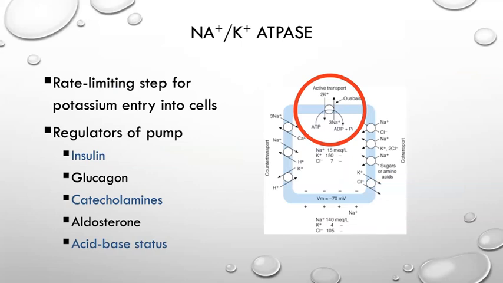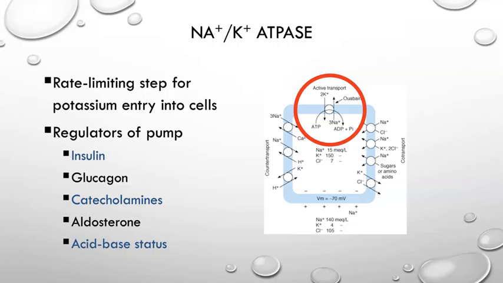How is the potassium gradient maintained? Mainly through the sodium-potassium ATPase pump. This pump is found in all cells. The pump is responsible for maintaining an intracellular environment which is high in potassium and low in sodium.